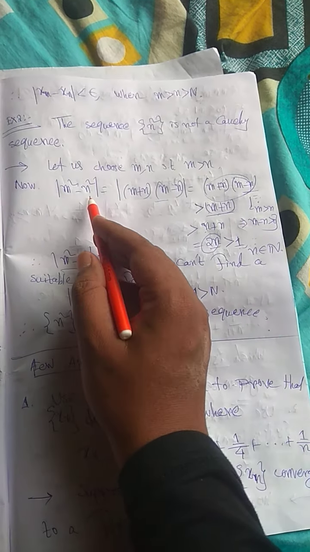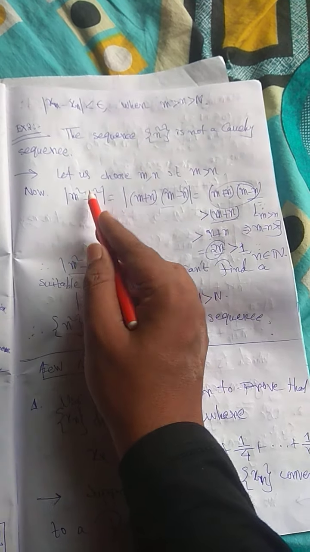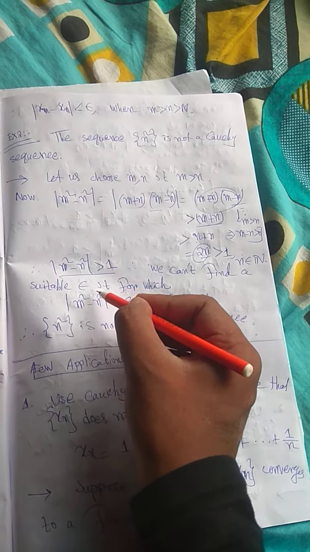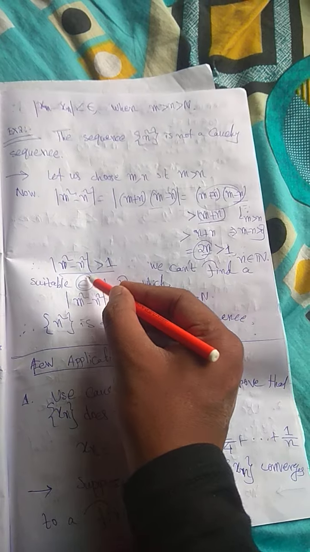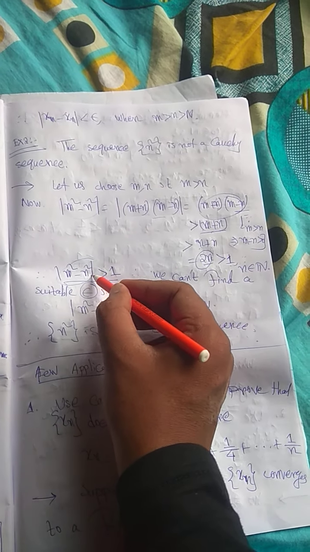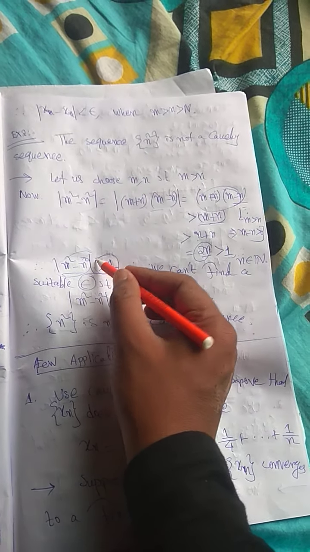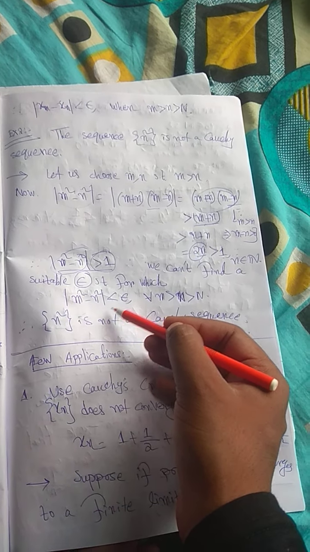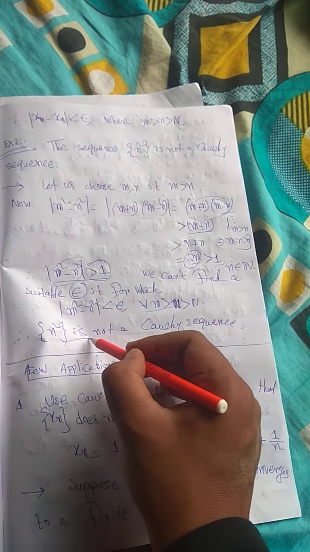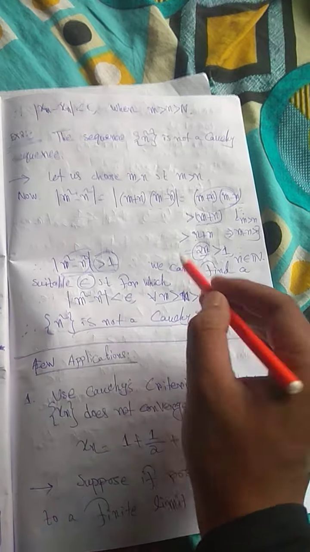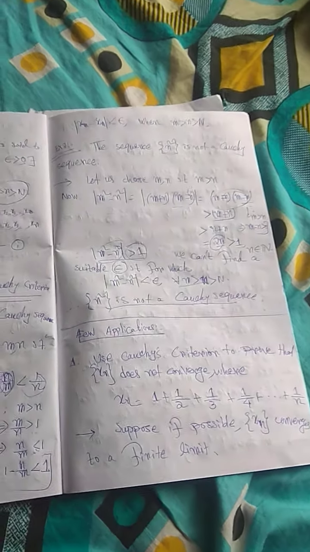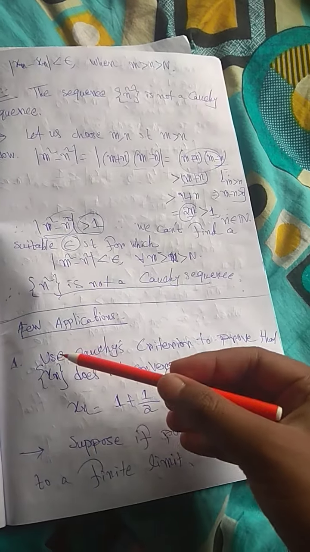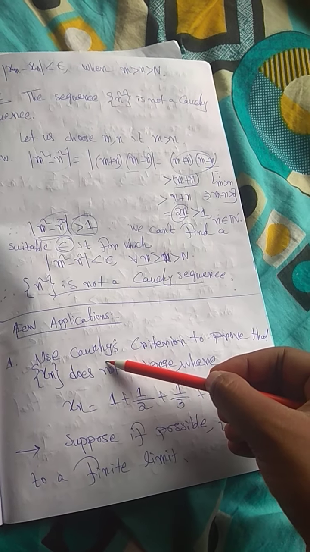That means we can't make this modulus less than any however small positive quantity epsilon, because this modulus is eventually greater than 1. Therefore this is not a Cauchy sequence.